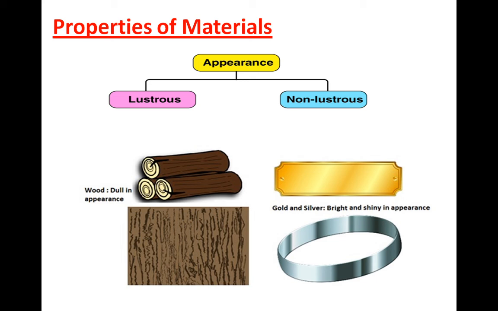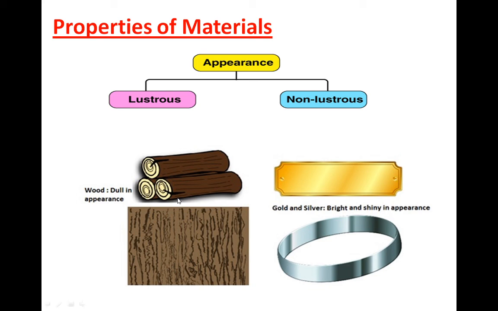Correct? Gold and silver, both are metals and they are very bright and shiny in appearance. Appearance means how they look.